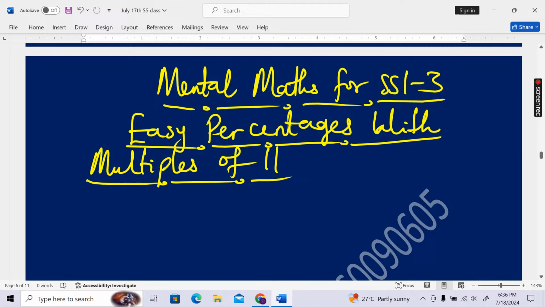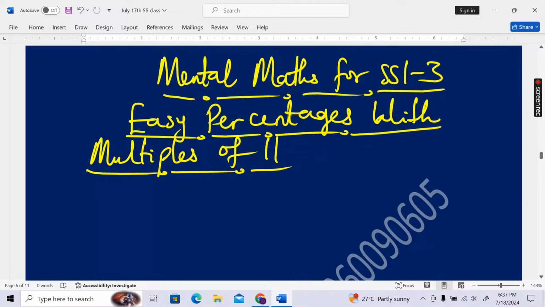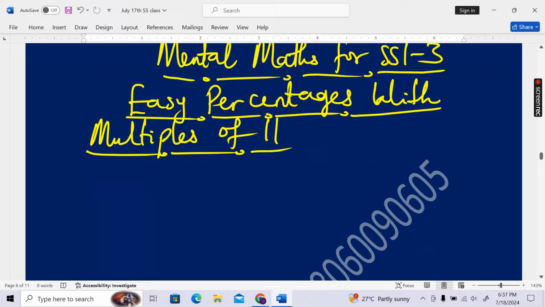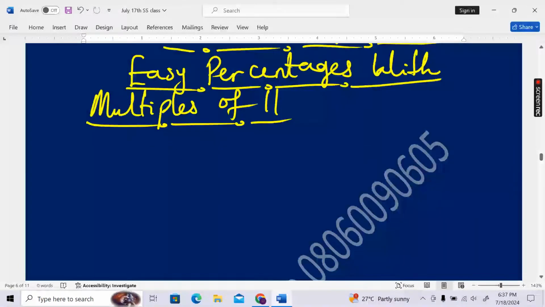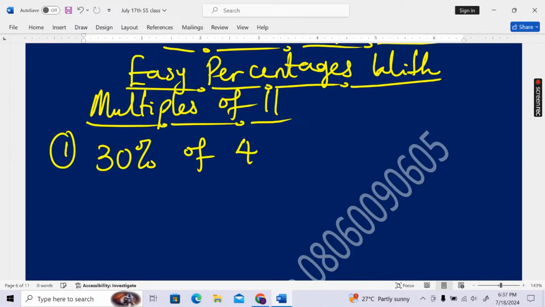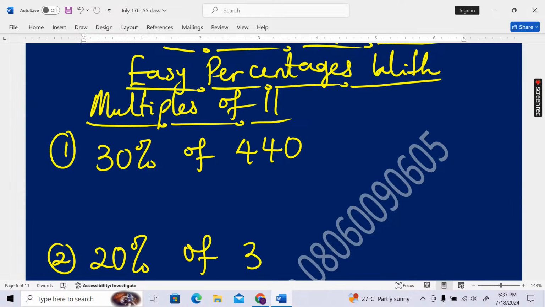So, easy percentages with multiples of 11, calculating such percentages offhand, all right? Calculating such percentages mentally, that is in our head. Now, let's look at this, where we'll be dealing with percentages like this.